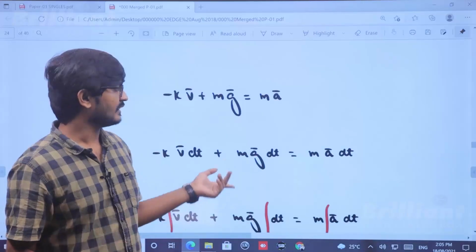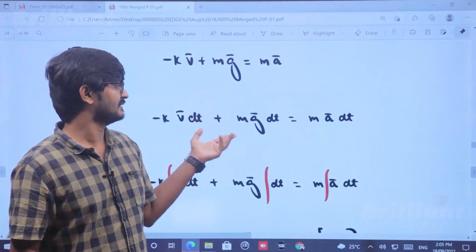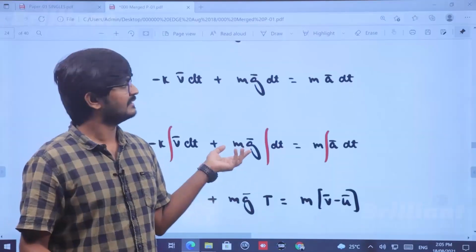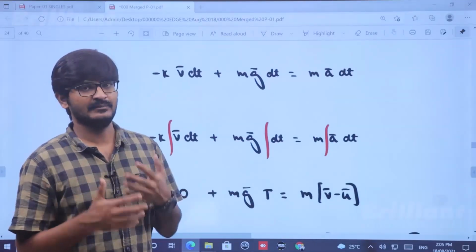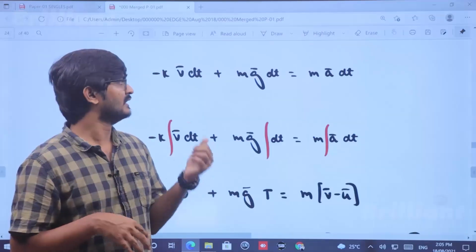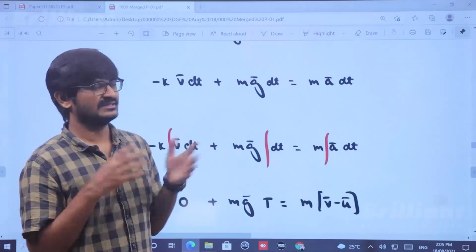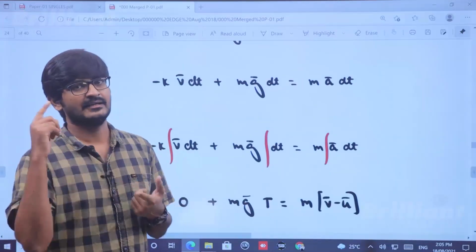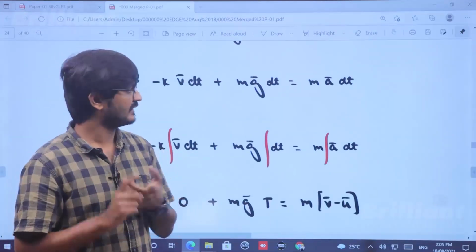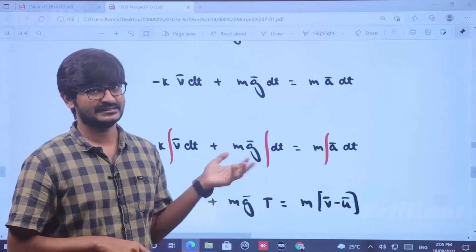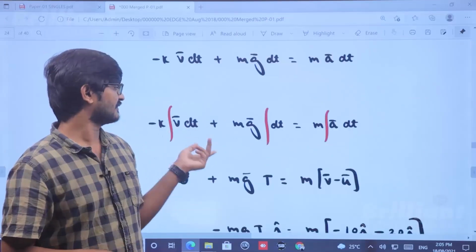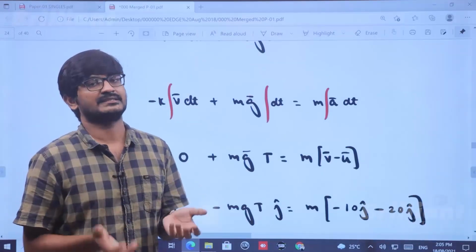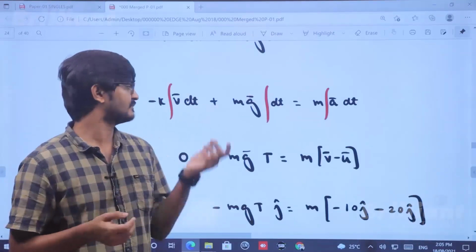Now I will modify this equation by multiplying by dt and integrating it, and most probably this will help whenever you want to find the distance or time, because you have seen this question, and apart from this you have seen one magnetic field question where you find the distance traveled by the same method. So after integration, v dt gives us the displacement, but in the question a person is throwing the ball and receiving it back, so displacement is 0.